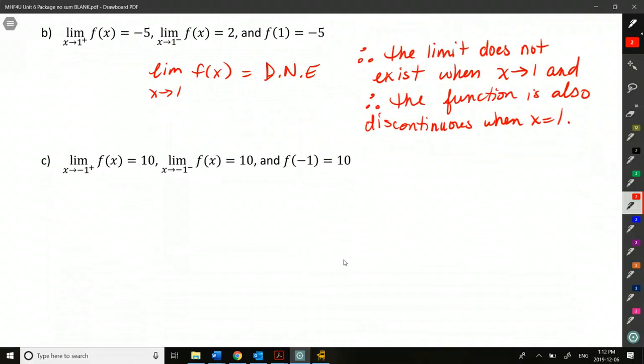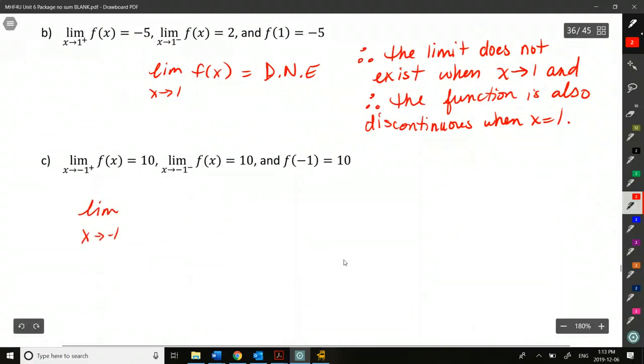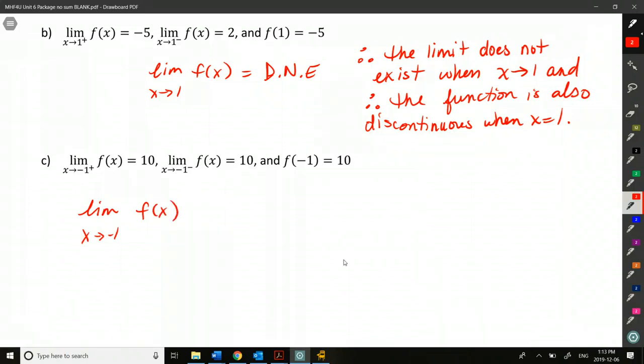Okay, the limit as x approaches negative 1. What can you guys tell me about the limit as x approaches negative 1 of f at x? Jeremy? Does it exist? Liam, yeah? What does it equal to? It equals 10.